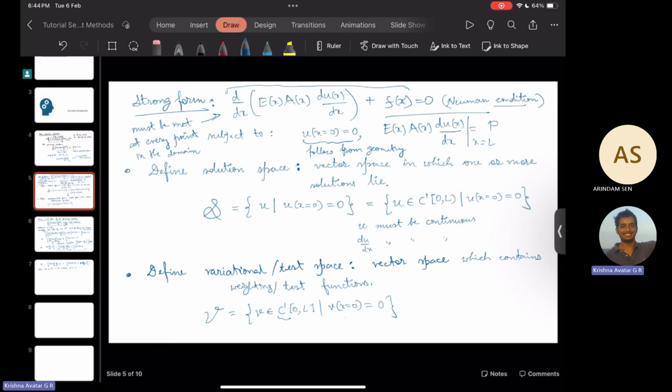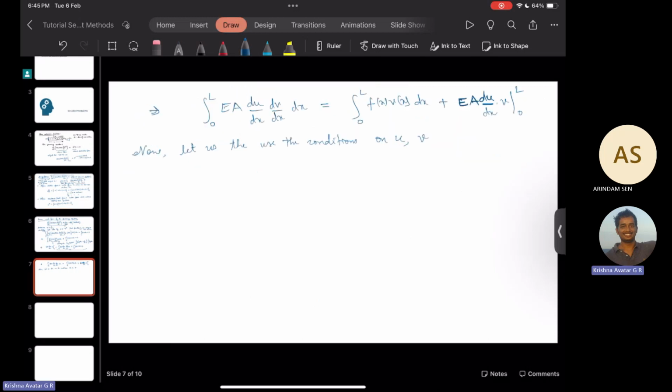Recall that u had to satisfy the condition at x equal to 0 that u is 0, and v had to satisfy the condition that v at x equal to 0 is 0. And likewise, you also had to satisfy this relation, right? So let's look at this term here. Here, v of 0 is equal to 0, right?